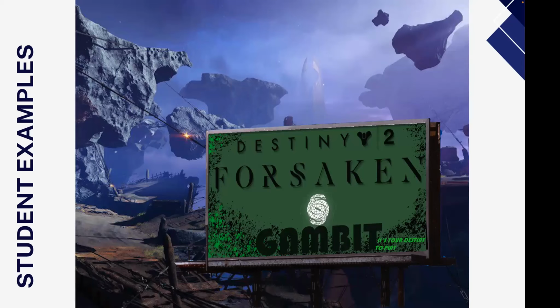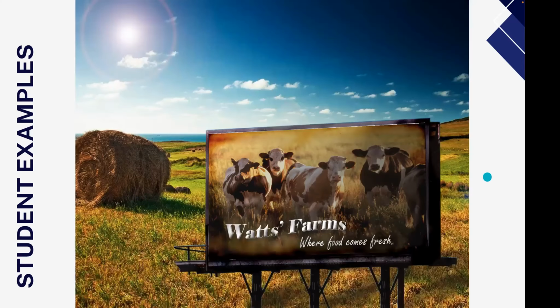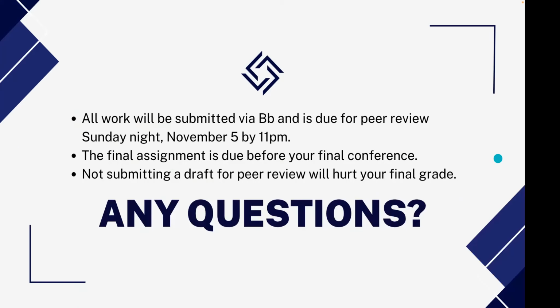So it's your destiny to play. And again, it's put in the landscape of the game. Very creative, nice textures. And then we see one for Watts Farm where food comes fresh. And they put it in a nice field. So the cows kind of look right at home.